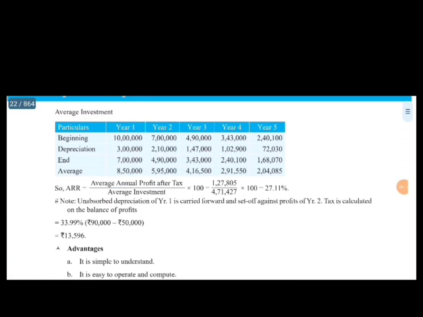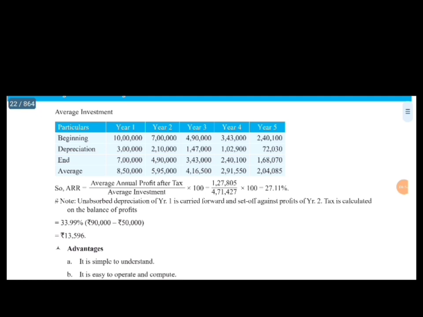So the second part in the formula is average investment. For this, for the first year they have given beginning 10 lakh and deduct the depreciation. So the beginning investment amount is the initial amount 10 lakh and the investment at the end is the investment amount after depreciation. So this 7 lakh is the beginning investment amount for the second year. Similarly, we have to deduct the depreciation amount.